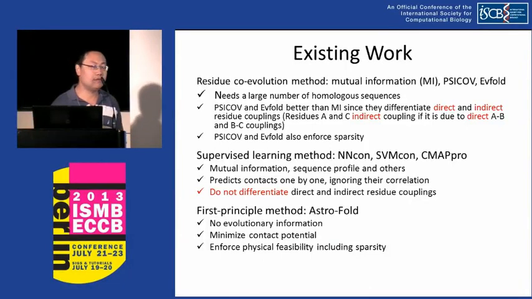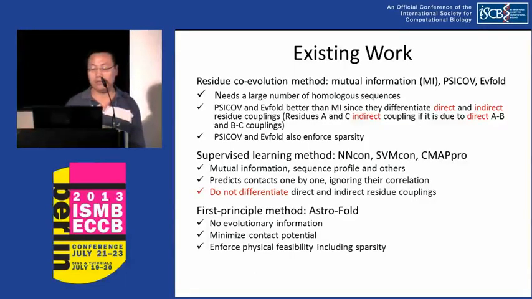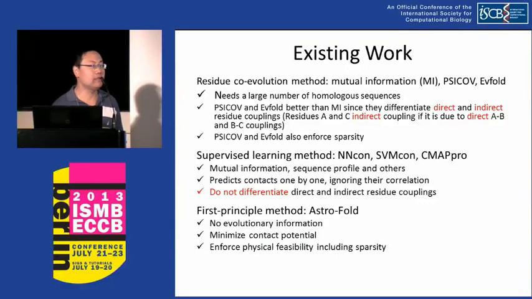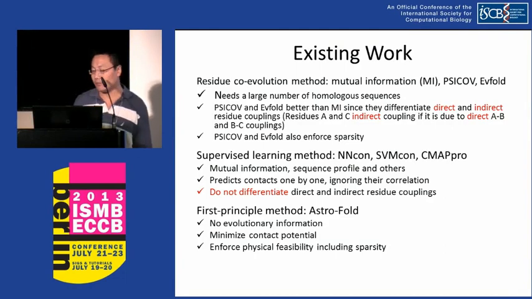The third category is the first principle methods. These methods don't use rich information, and they do prediction by minimizing the contact potential and also enforcing some physical feasibility, to try to produce a contact map which is physically feasible.